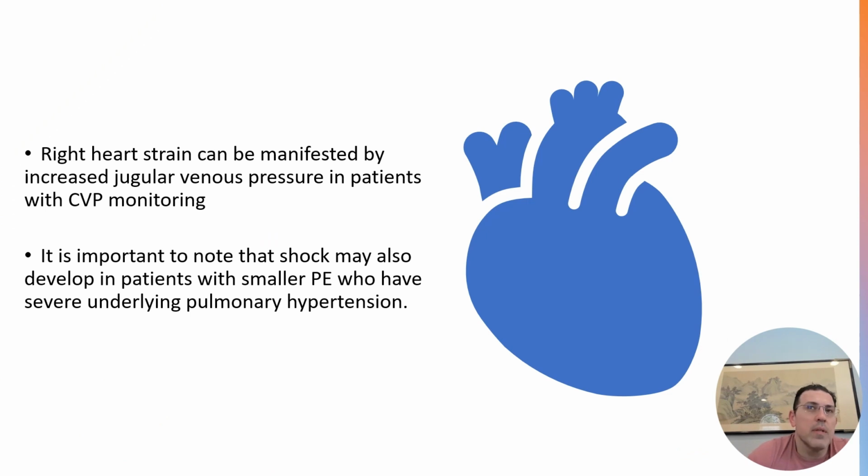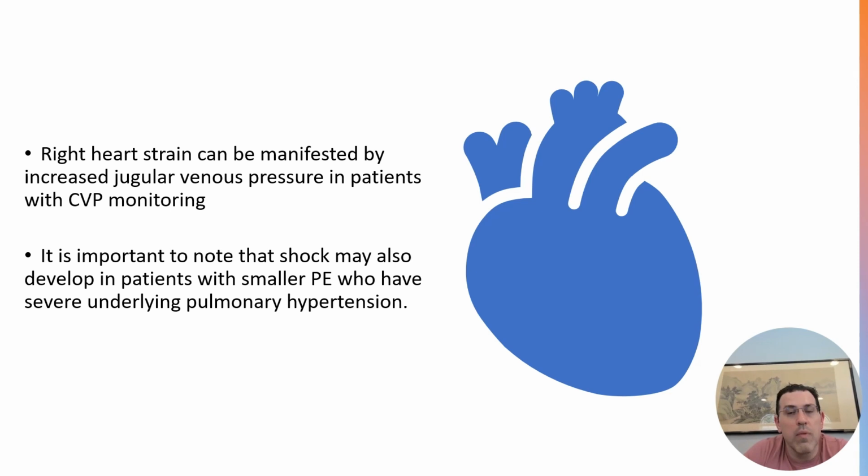So before I jump into some of the echocardiography findings, if you happen to have a patient, say, in the intensive care unit and they have a central line placed and you're monitoring central venous pressure, a bump up in the central venous pressure could be an initial sign of right heart strain in these individuals. And it's important to know that it's not necessarily the size of the pulmonary embolism causing the obstructive shock.